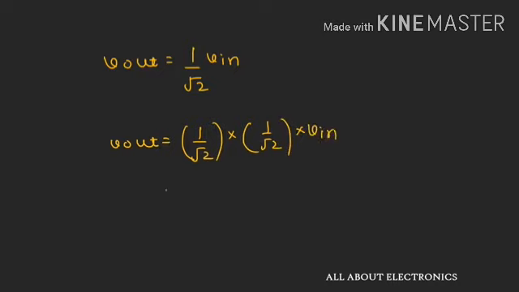That means the output is 0.5 times the input. So we can say that if we cascade n filters with the same cutoff frequency, then the output will reduce by a factor of 1 over root 2 to the power n into Vin. In this way you will get a sharper and sharper roll off.